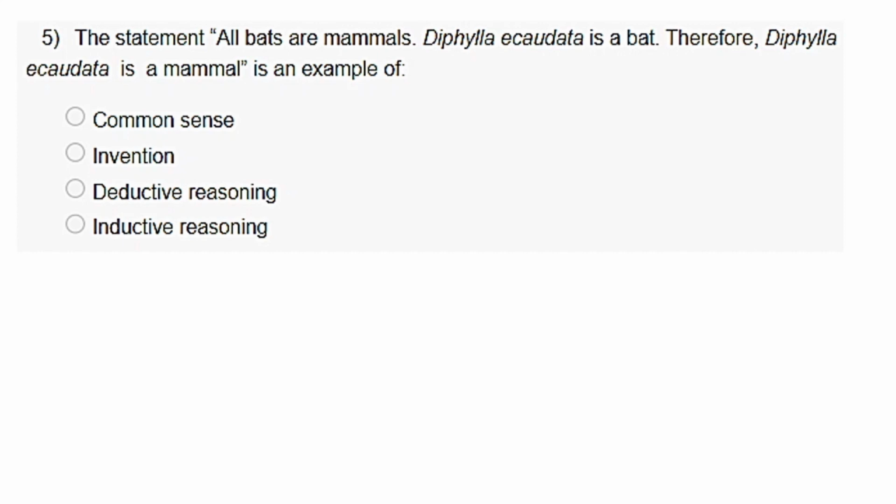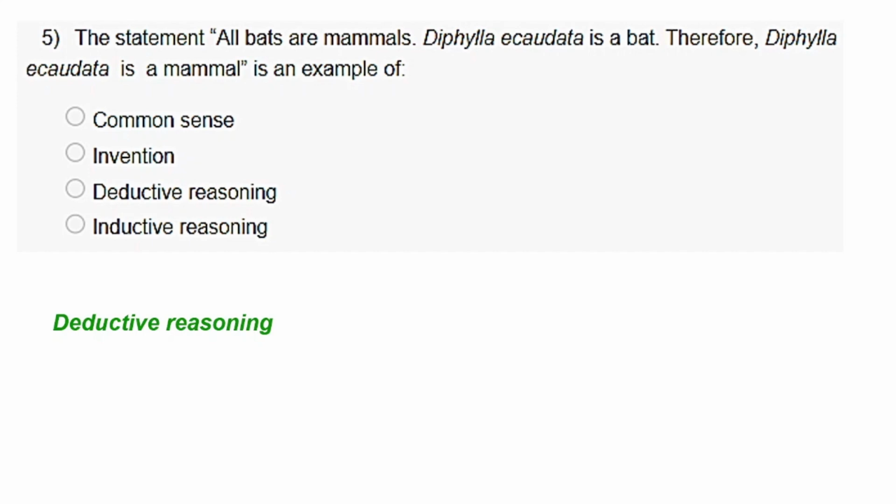It's inductive reasoning. Okay. It's deductive reasoning, because you have the statement that all bats are mammals. Then you know that this particular scientific name, Diphylla ecaudata, is a bat.